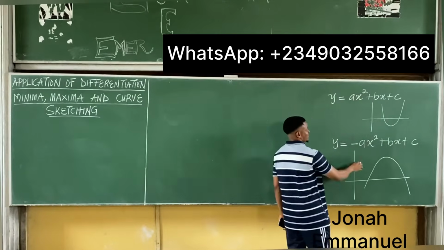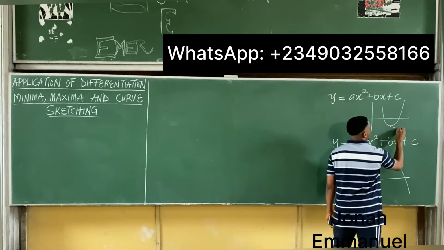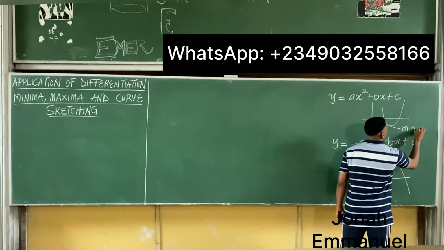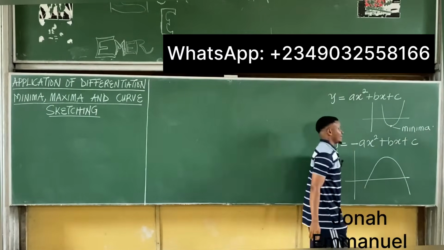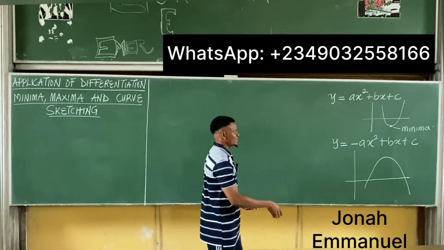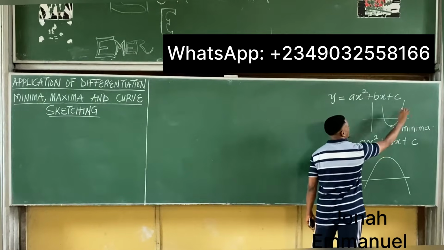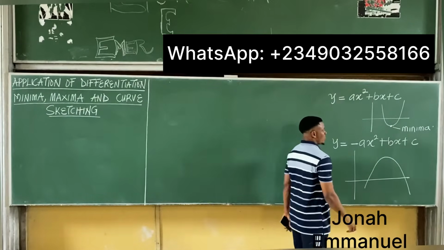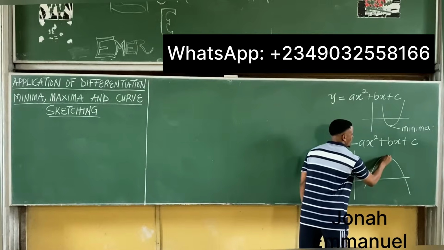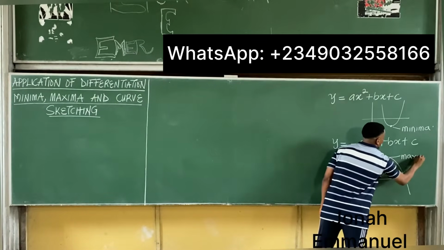So for this concept here, the lowest point of this curve is what is called a minima. So minima is simply the lowest point or the smallest part, right? The minimum part or point of a curve is called minima. While for a case like this, the highest point of a curve is called the maxima.